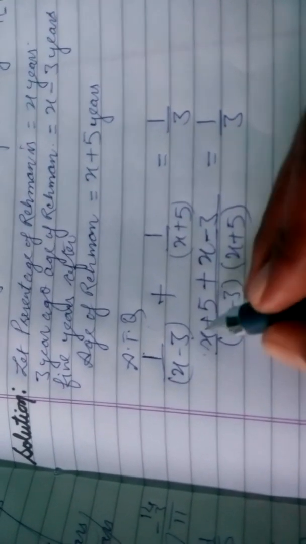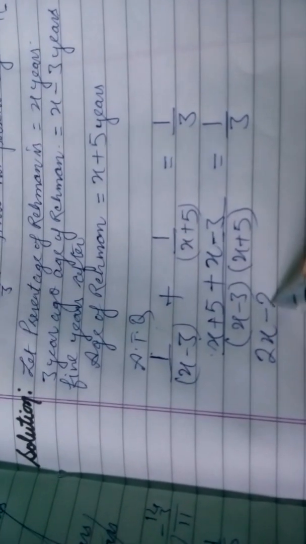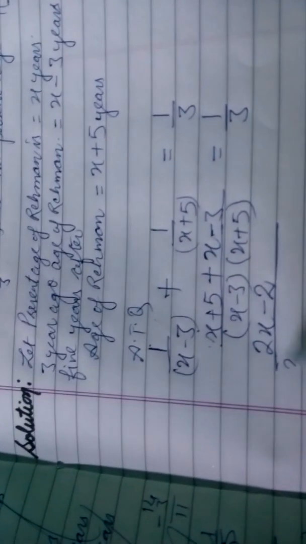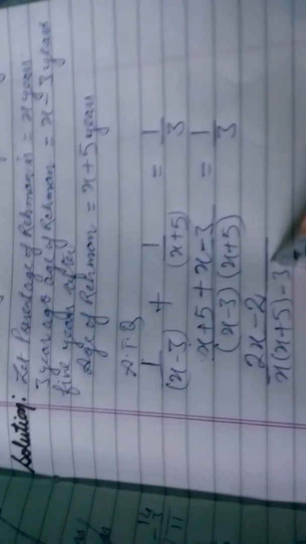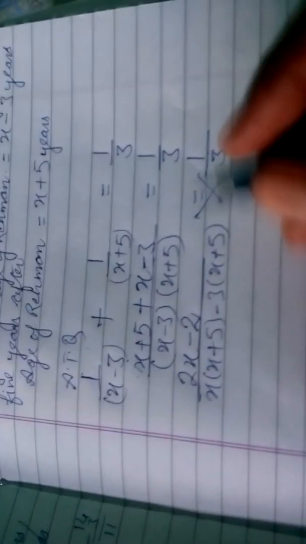Now simplify. x plus x will be 2x, and 5 minus 3 will be 2, divided by, simplify this, x into x plus 5 minus 3 into x plus 5, is equal to 1 upon 3. And further cross multiply, this 3 will go here and multiply.